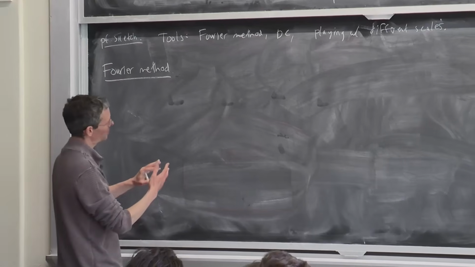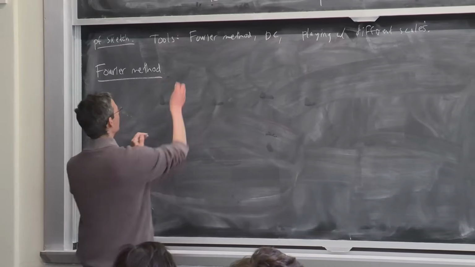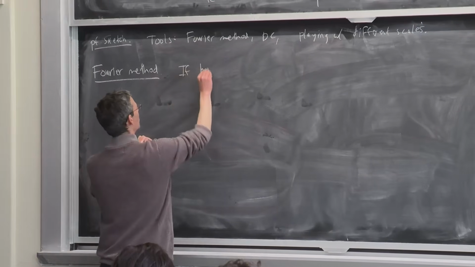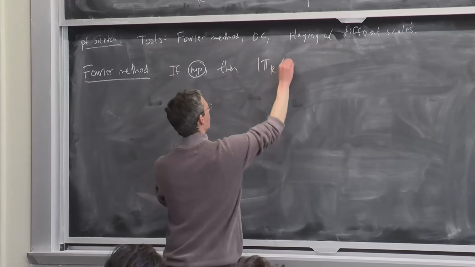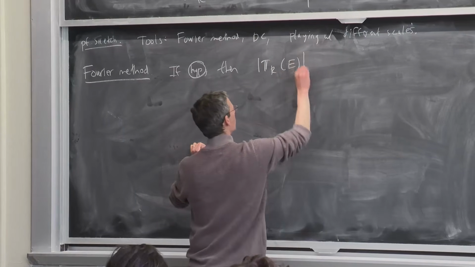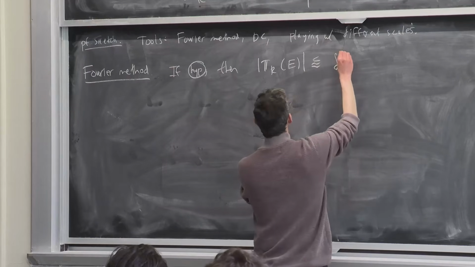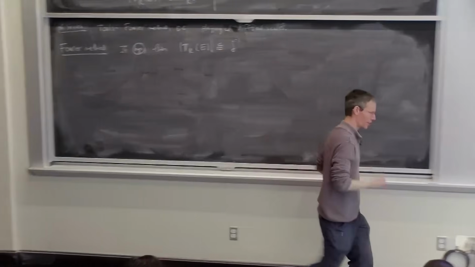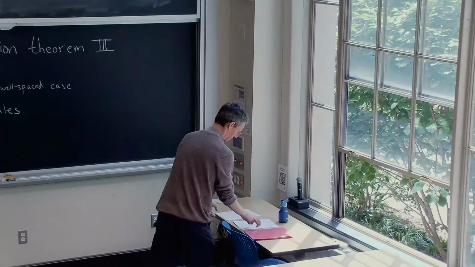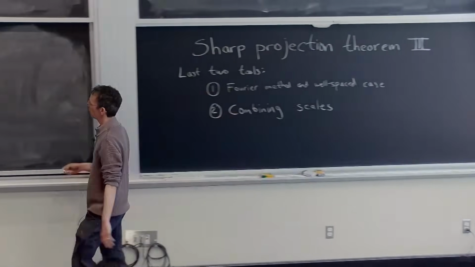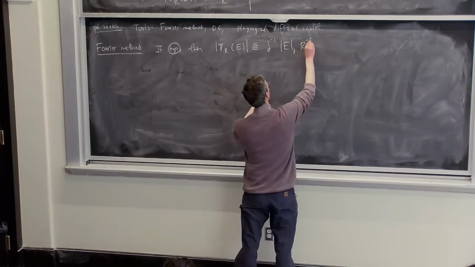Anyway, if you take the method exactly the way we did it back at the beginning of the class, it will say that if we have the hypotheses, then the size of TR of E will be bounded by delta inverse E delta R to the minus 2. OK, I have to actually check.